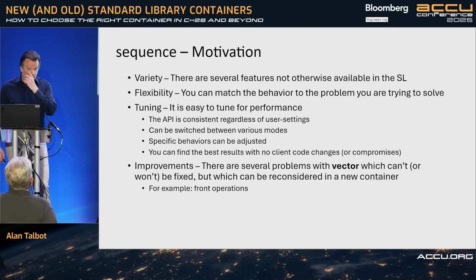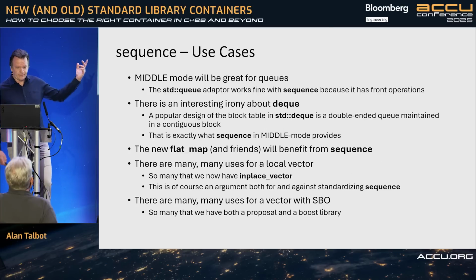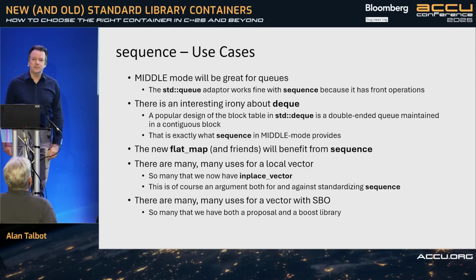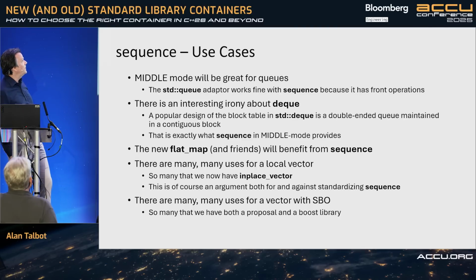And also, but much more importantly, you want to be able to use Q on this, and you can. It works great with Q. Middle mode is great for Q, and it works great because it has front operations. If you want to use Q on a deck, go ahead. But if you want it to go really fast, or if you want it to be local, use sequence.